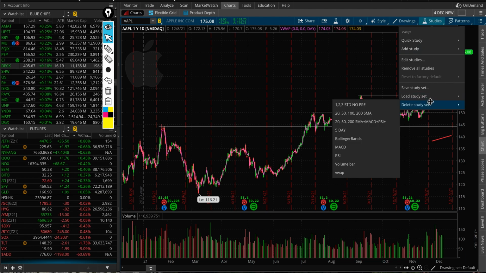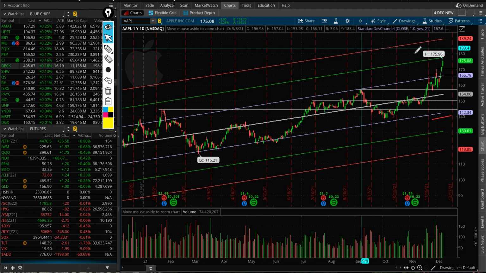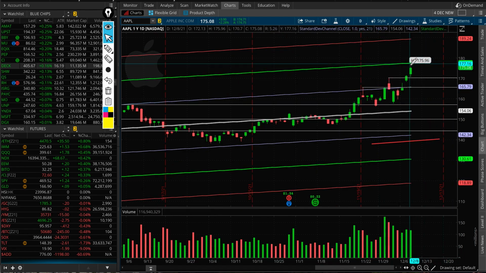But I usually go with standard deviations, where any time I see a stock in a short period of time try to go up 2 standard deviations or more, that's the level I consider as overextension. And I also look at the 50-day moving average, how far the stock is trading above its 50-day moving average.